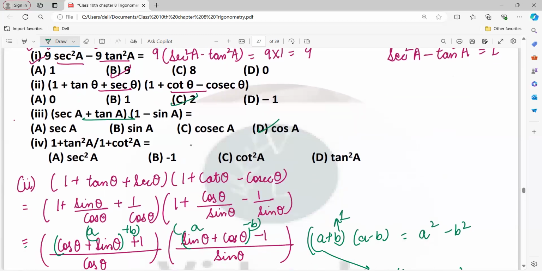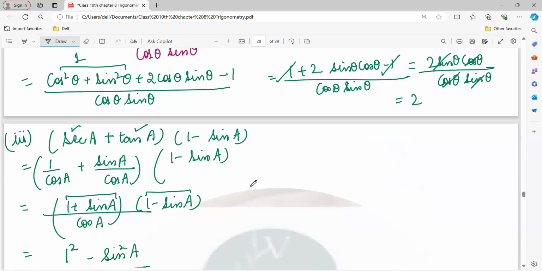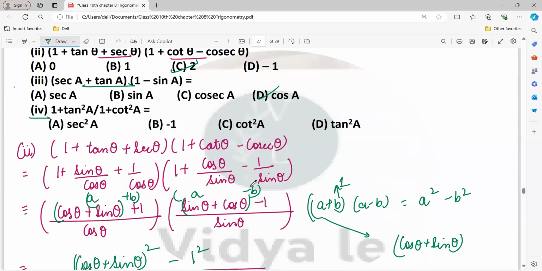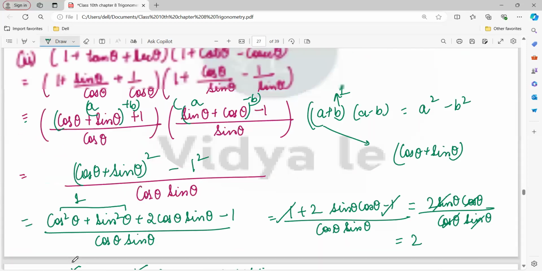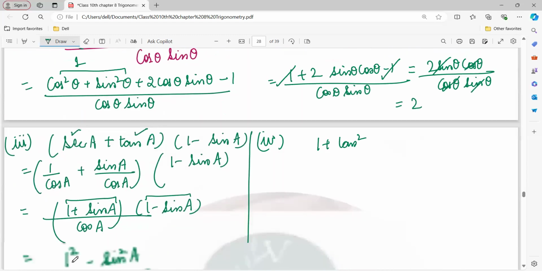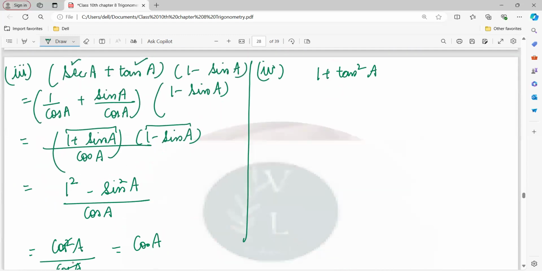Wonderful. Now, in the D part, we have 1 plus tan square A upon 1 plus cot square A. So let's solve it. It is 1 plus tan square A upon 1 plus cot square A, right?